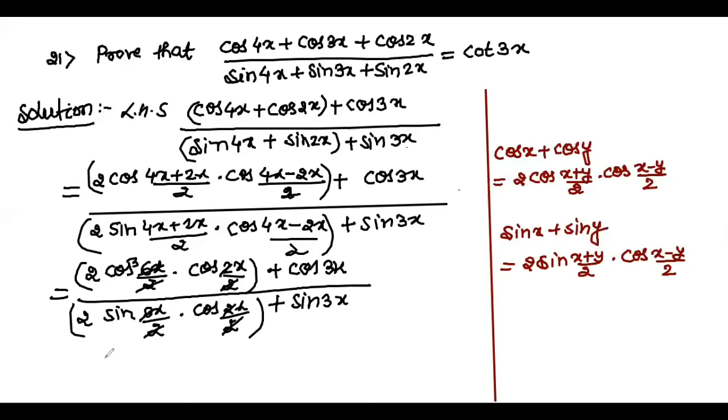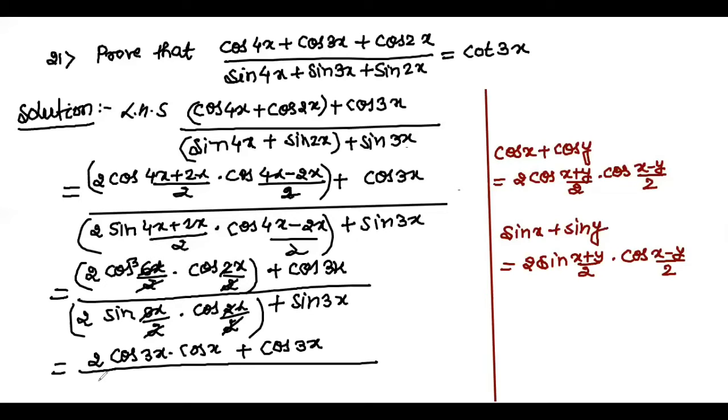So it will be 2 cos 3x into cos x plus cos 3x, divided by 2 sin 3x into cos x plus sin 3x.